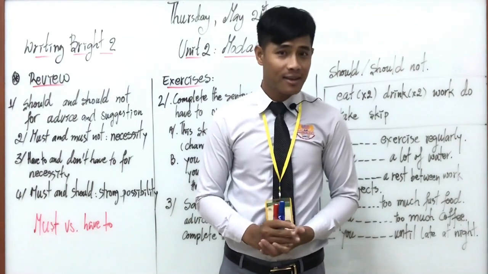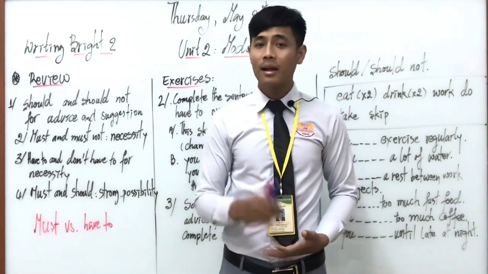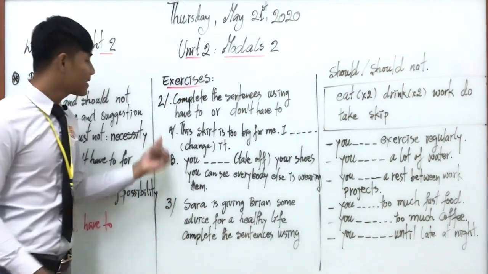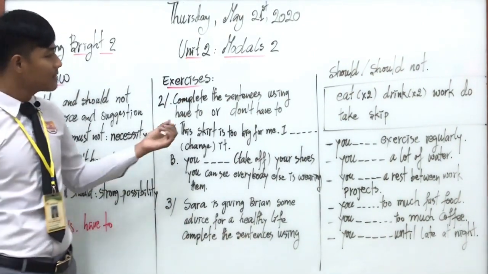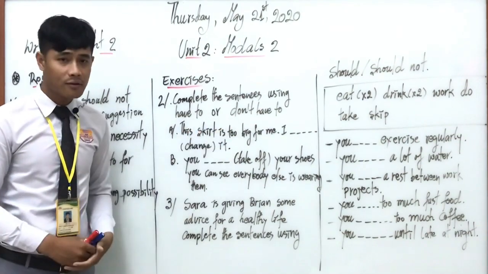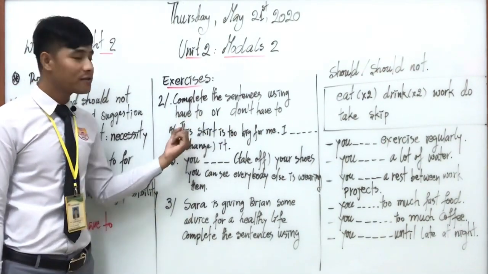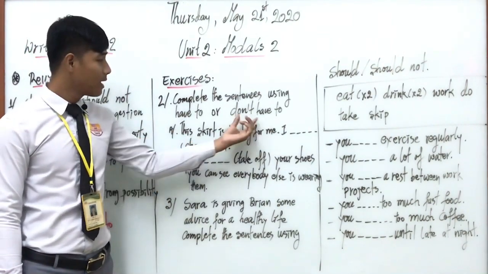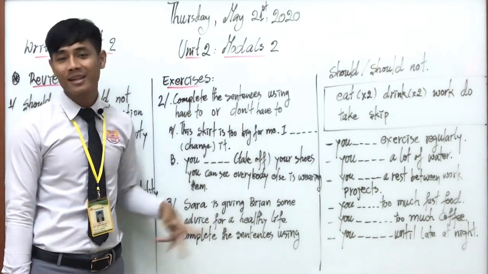Are you ready with your reading? Let me get started with doing the exercise all together. So exercise 2, complete the sentences using have to or don't have to. If you use have to, you know, have to is used in positive sentences, right? And don't have to is used in negative sentences.